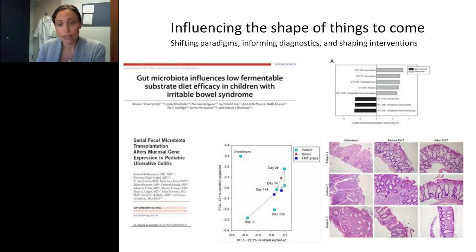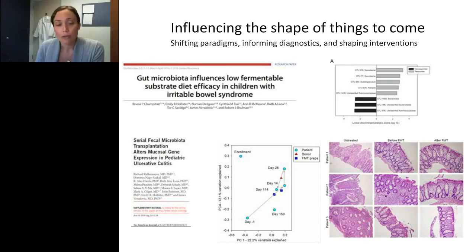This is a case study of a single subject, from the time of enrollment through multiple transplants. We see that the microbial community changes over time, becomes much more like the donor, the donor here in red, and following removal from the protocol begins to drift away from the donor and this potentially healthier state. So again, that transient effect.